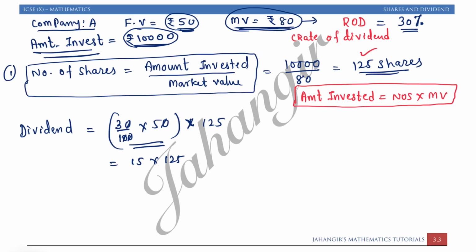So I will get rupees 1875 as an annual income. Dividend is also called annual income.